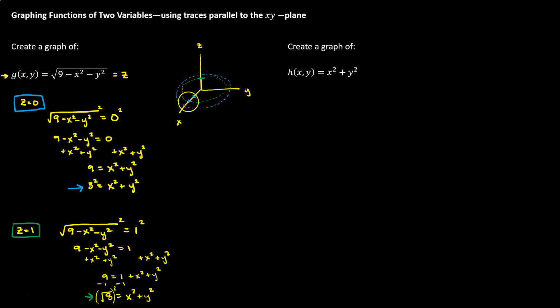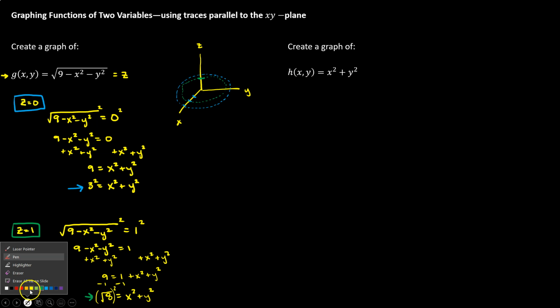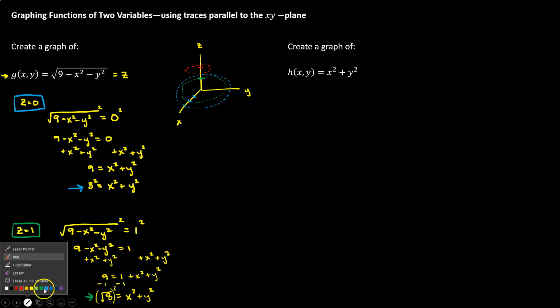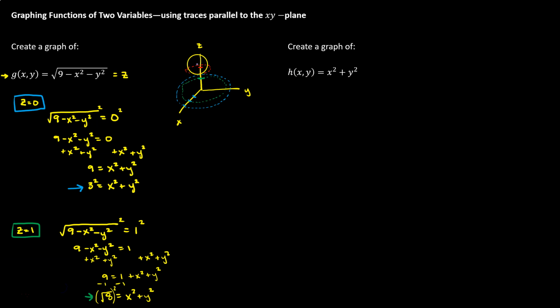And we can repeat this process. So if I were to move up to z equals 2, I'm going to notice that I get another circle with an even smaller radius. And then when I move all the way up to z equals 3, if you remember, we found that we were at the top of the dome, like a point.